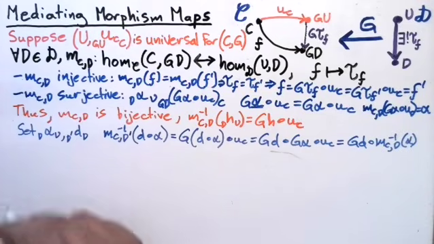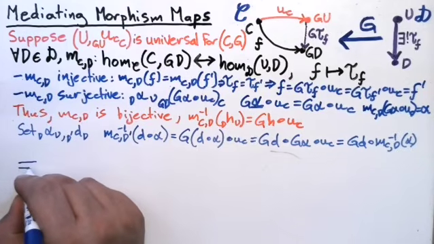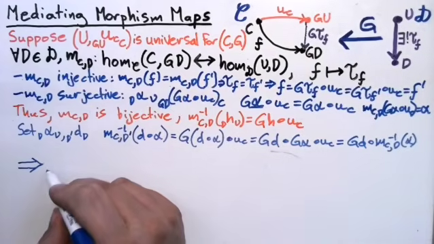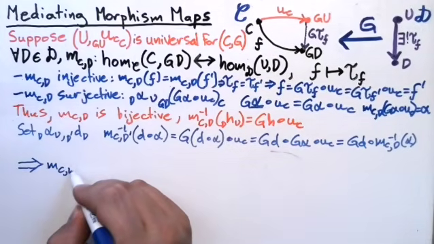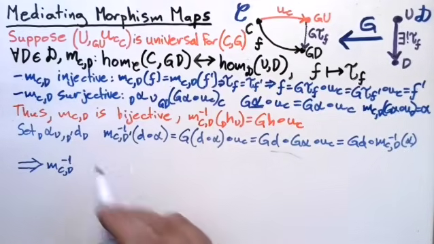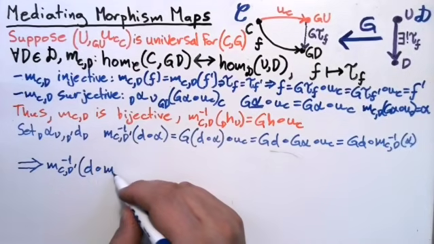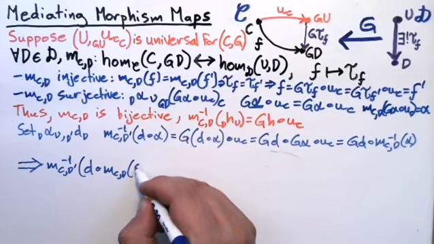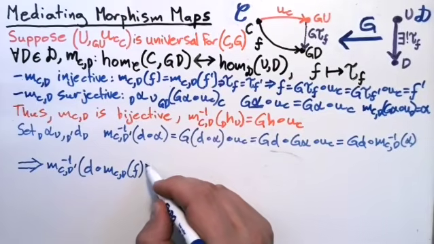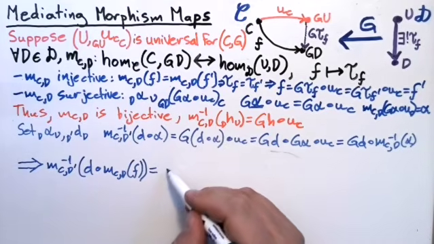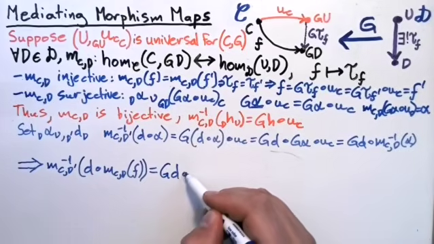So what we'll say is that this actually implies that we can replace alpha by, so this would be MCD prime inverse of D after, and so this would be MCD of F, and that's going to be equal to, on this side, GD after.